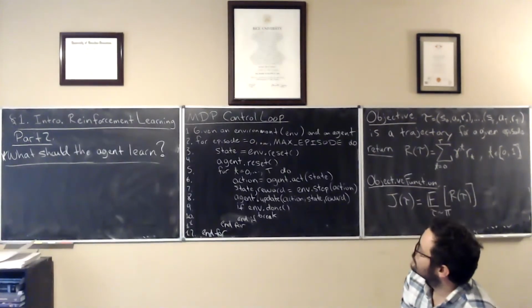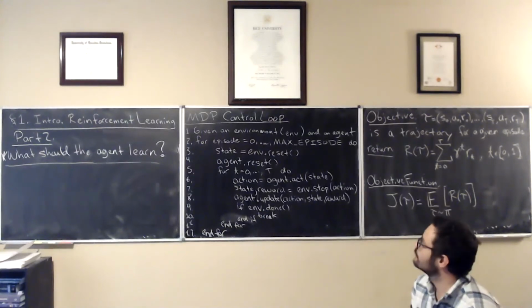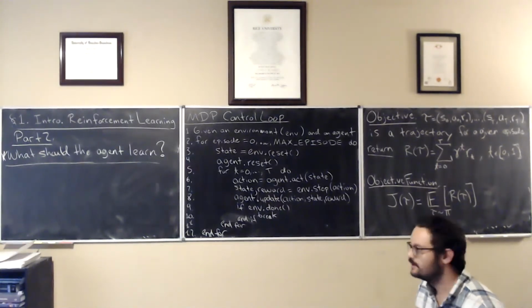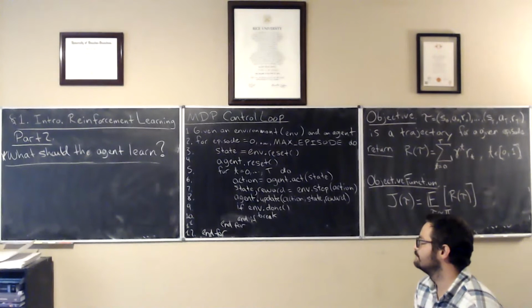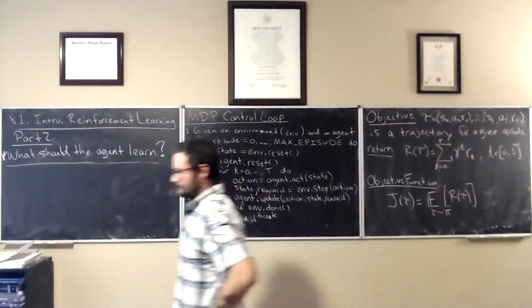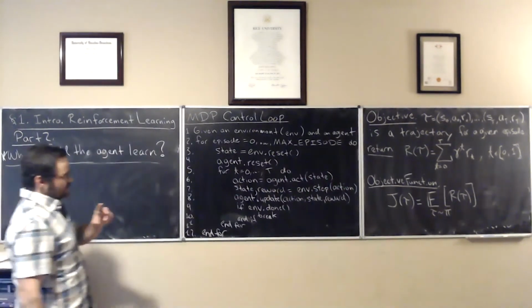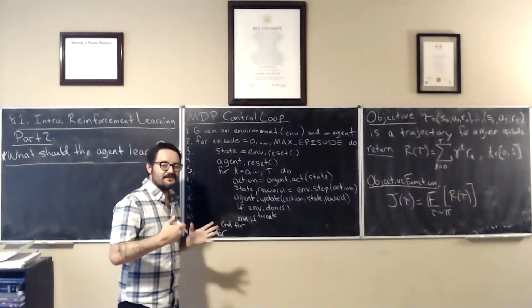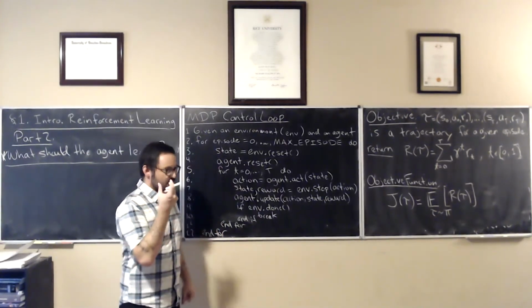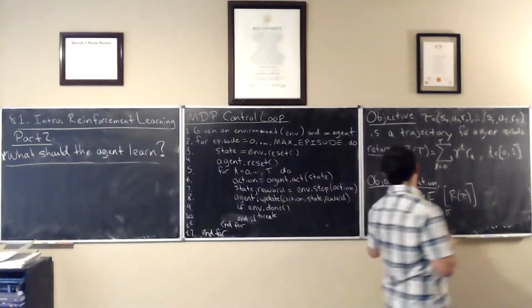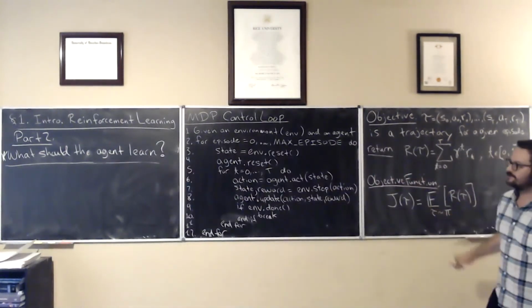Okay, so I've gone ahead and written out pseudocode for the general Markov decision process control loop that will be used in quite a few of the reinforcement algorithms that we learn. The only thing we're really missing here, and when I say only thing, there's quite a bit, but the main thing is the optimization part, where we want to maximize the objective.